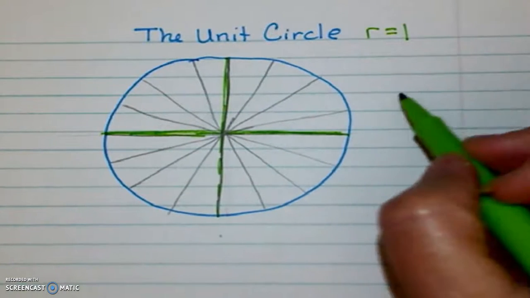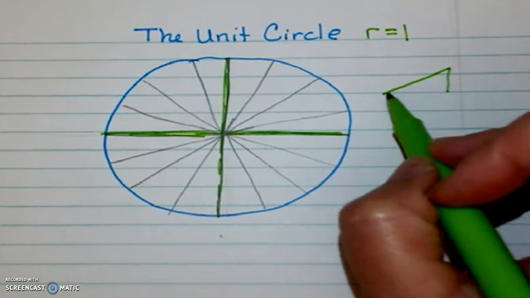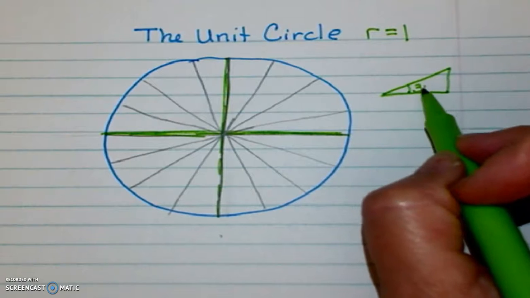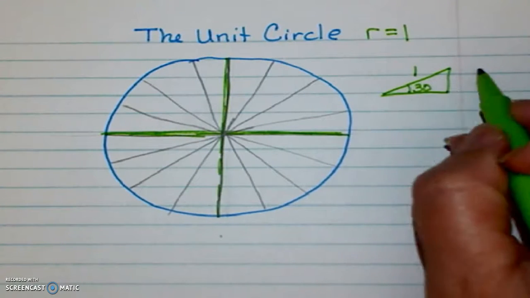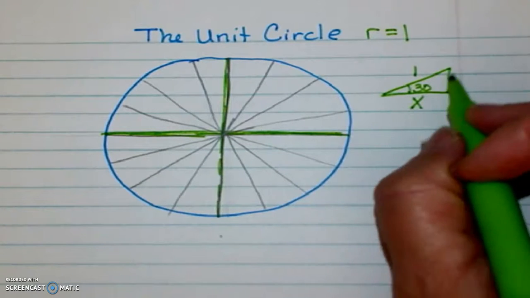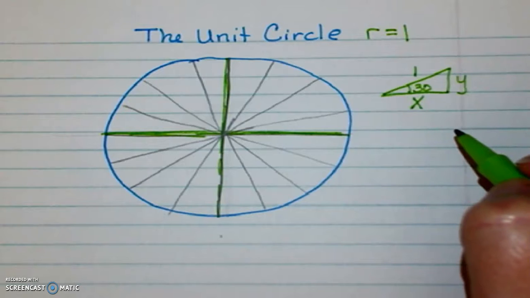And if the radius is equal to 1 unit, then you get a triangle that is created. And we're going to know that if this is 30 degrees and the radius is 1, then what are the values of x, which is on the horizontal axis, and y, which is on the vertical axis.